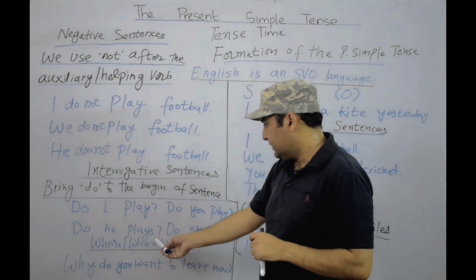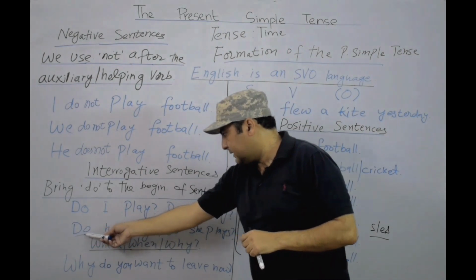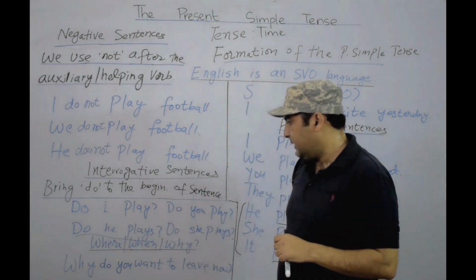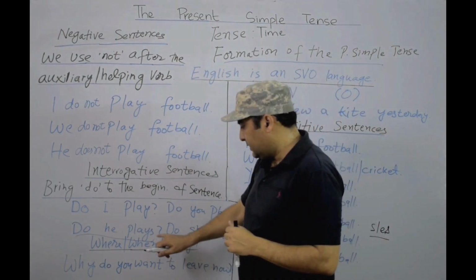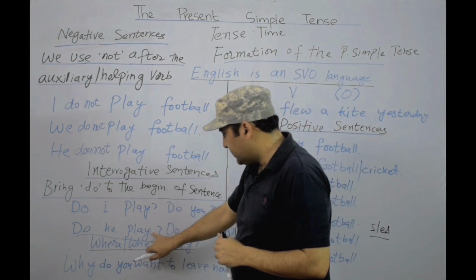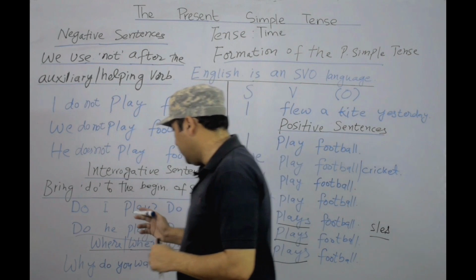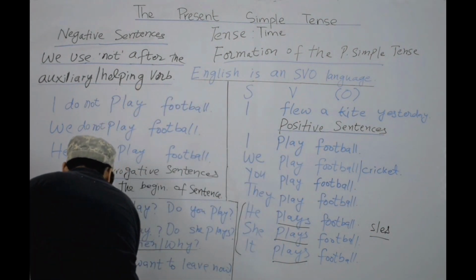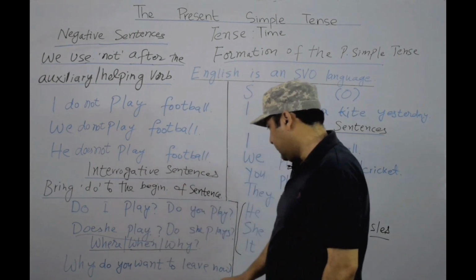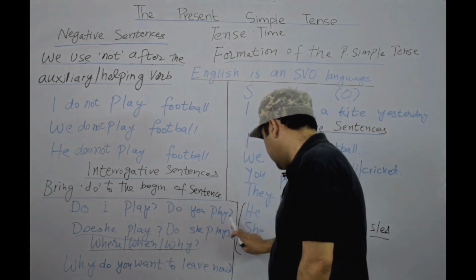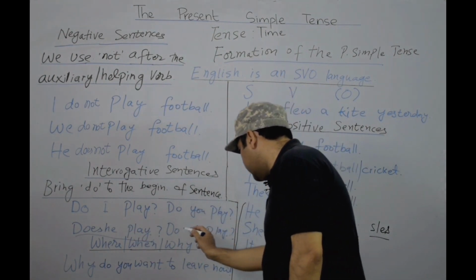And what about this sentence? Do you think this is correct? Do he plays? Of course not. So what do we do? We remove this and we put it here. So it becomes does he play? Does he play? And again the same here, remove s from here.